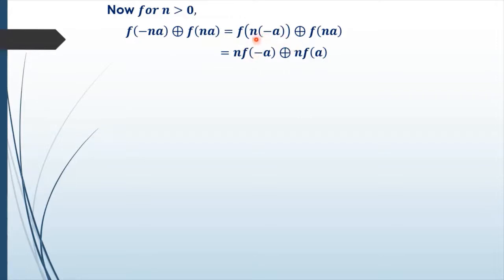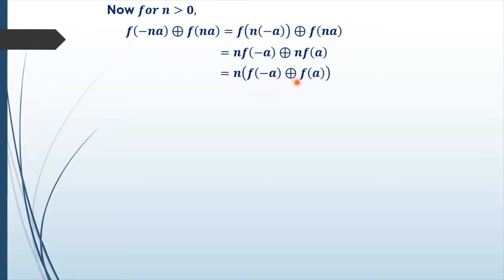For positive n, you can take n out. So n into f of minus a plus n into f of a. Now take this n outside. So this is equal to n into f of minus a plus f of a.